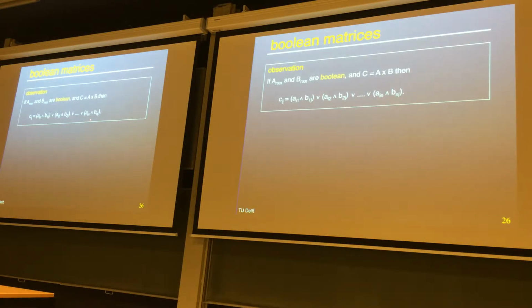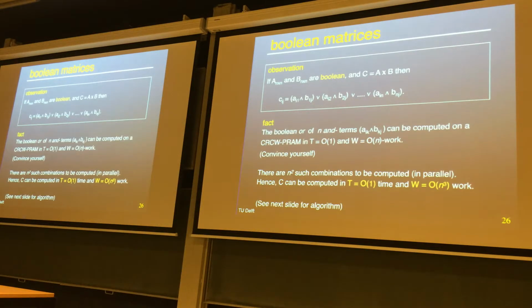So if you apply a CRCW and you investigate all these n terms separately, you only have to write a 1 if you discover that there is a 1. That would not give you any write conflicts. So in constant time, with an O(n) amount of work, we could find this C_ij.